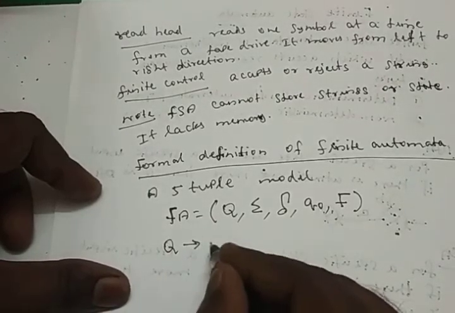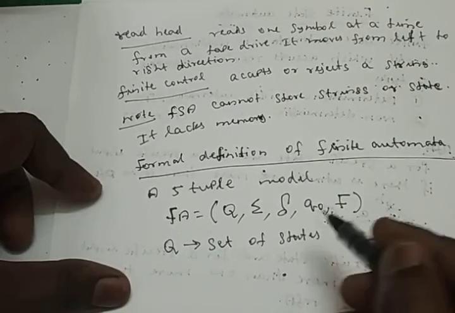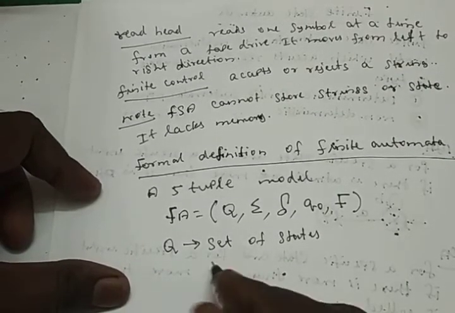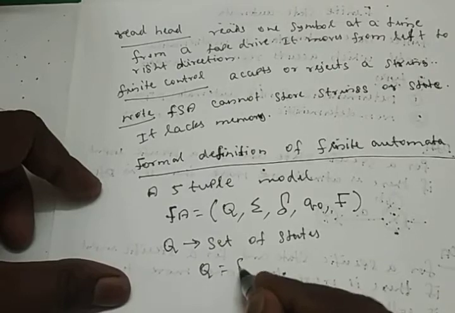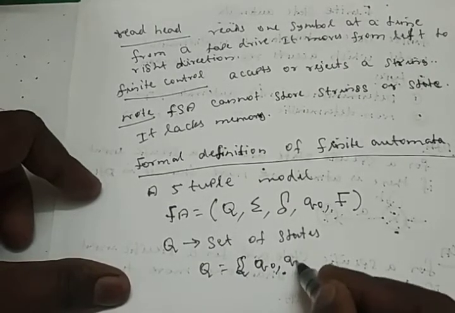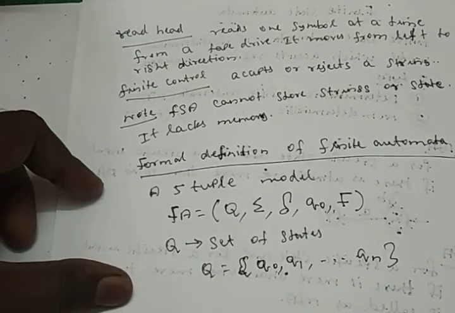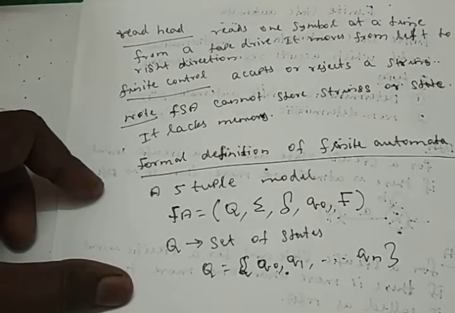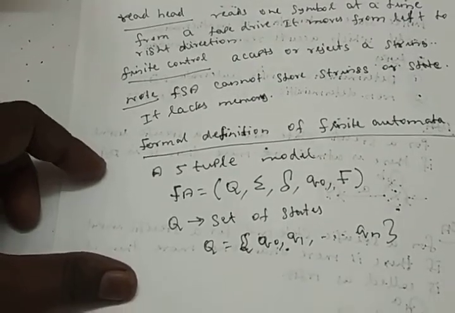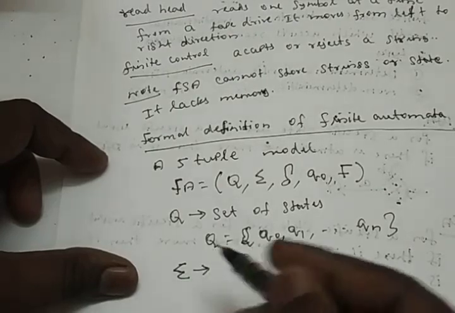Q is called the set of states. So we can say that the set of states varies from Q equal to Q naught, Q1 up to Qn. So we can have any number of states inside a finite state automata. And sigma, what is sigma?